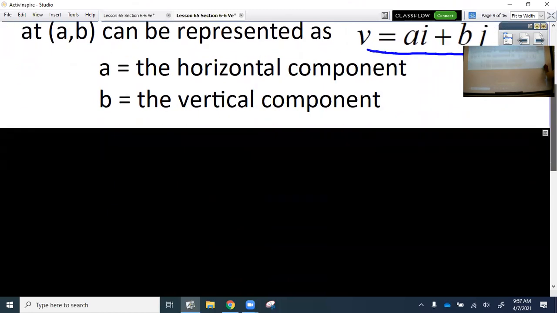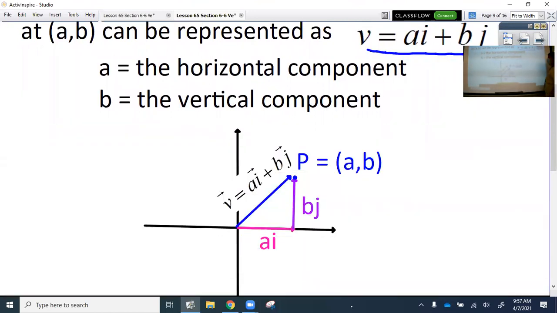All right, to draw yourself a picture. In that space I gave you, draw yourself that picture. This picture is going to break down for you the pieces of the vector. So we have in blue is our vector V. Our vector V, I'm using the notation we just wrote down, which is AI plus BJ.